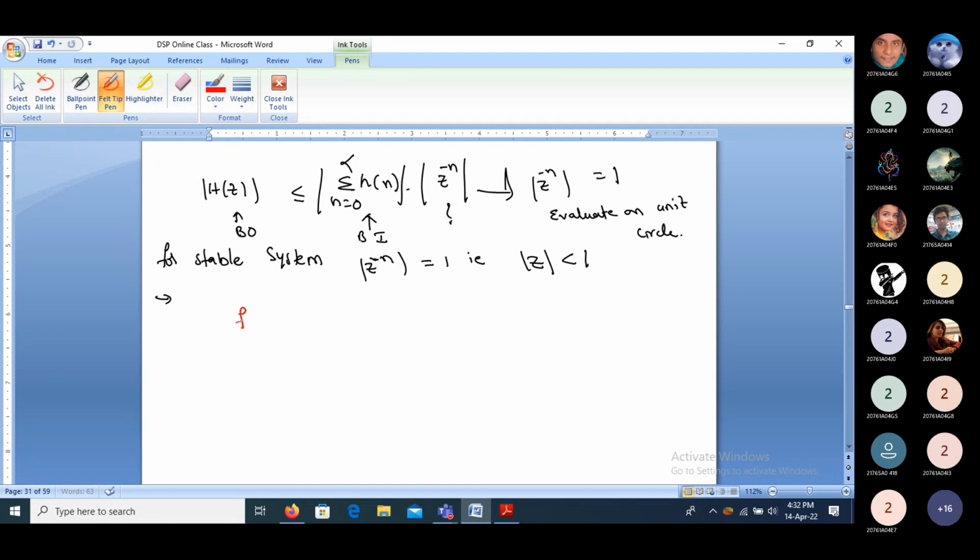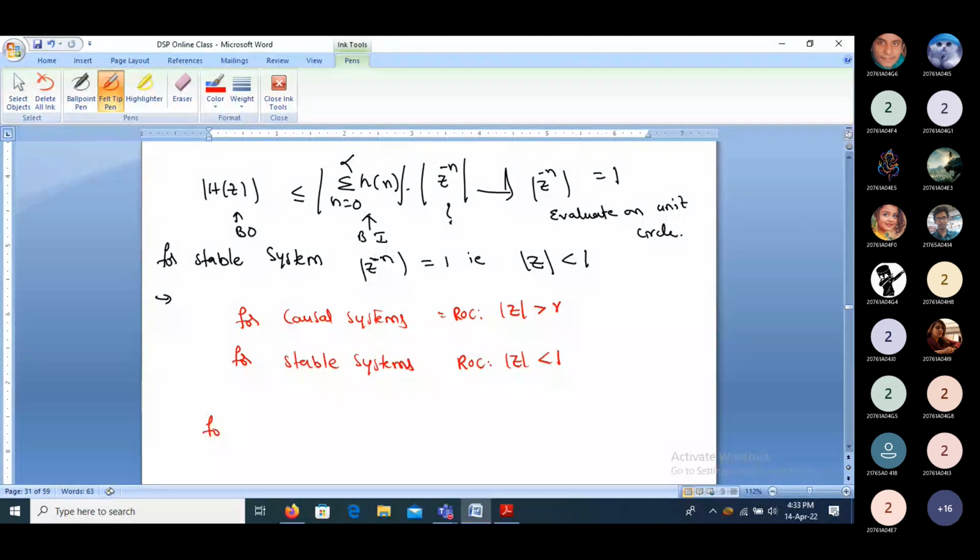For causal systems, a simple logic: what about the ROC here? Mod z greater than R. Then what about stable systems? It will be evaluated on the unit circle. For a stable system, the ROC must include the unit circle.